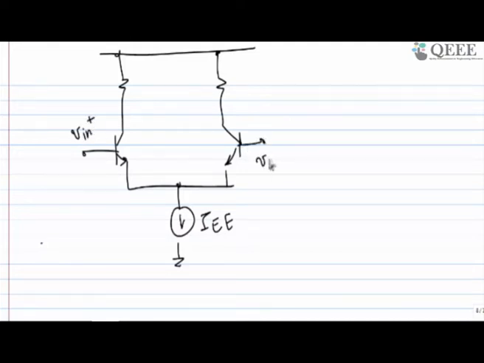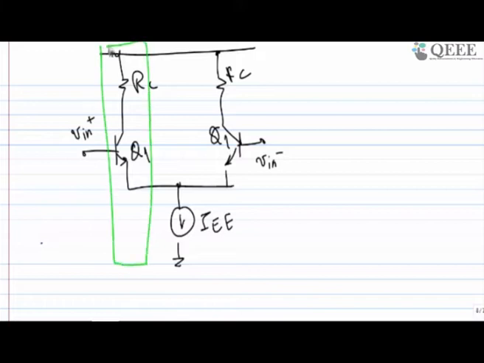Vin plus, Vin minus. Vin plus and Vin minus means there is a 180 degree phase shift. So this is plus Vin and this is minus Vin, and this is RC, this is RC, this is Q1, this is Q1, and we are assuming that this block and this block are both identical.